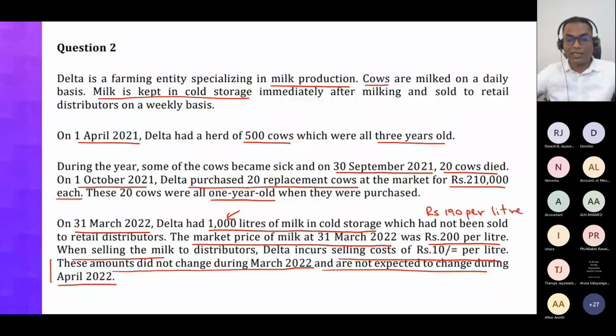But here it's clearly mentioned there are no changes in the market price of the milk even in April, because you are selling this milk to the distributors on a weekly basis. That means maybe in the first week of April you are selling this stored milk in the cold storage to the distributors. So the net realizable value is not less than the cost. So the inventory can be measured at 190,000 rupees.